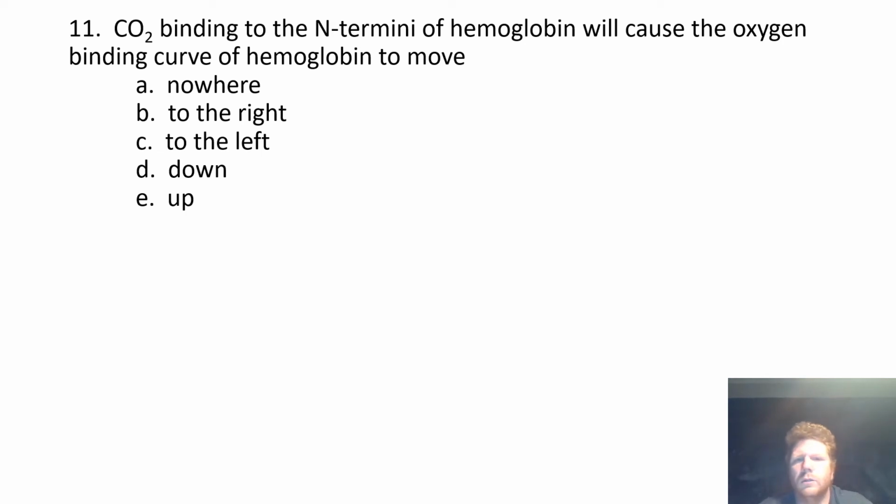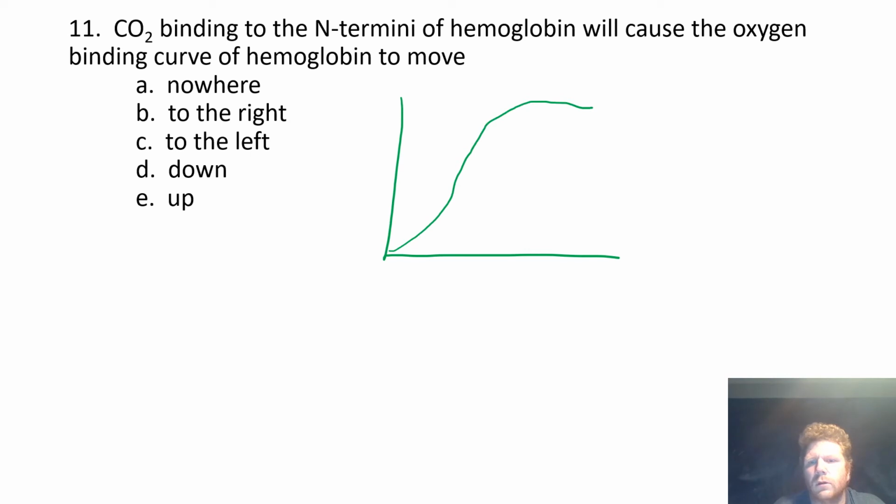So this again is a question that looks at an oxygen binding curve. And in order to answer this question, you have to know what an oxygen binding curve for hemoglobin looks like. So basically there's your starter. Now the question is, where does your oxygen binding curve go? Answer option A of nowhere is off the table. D down and E up, those are both off the table. The question is, is it moving to the right or to the left?